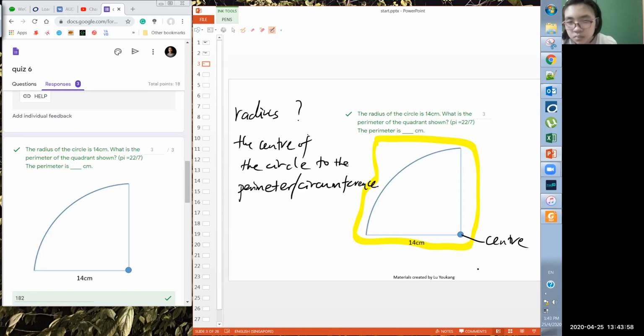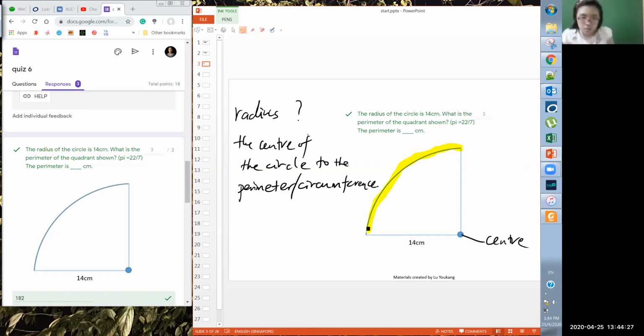So which one is the circumference? The perimeter is the line. Which line? The curve, the 14 cm to the curve. Very good. The end. So the curve is here, right?